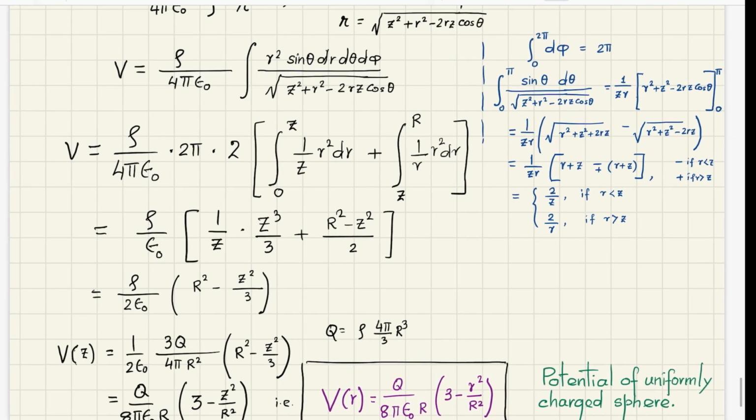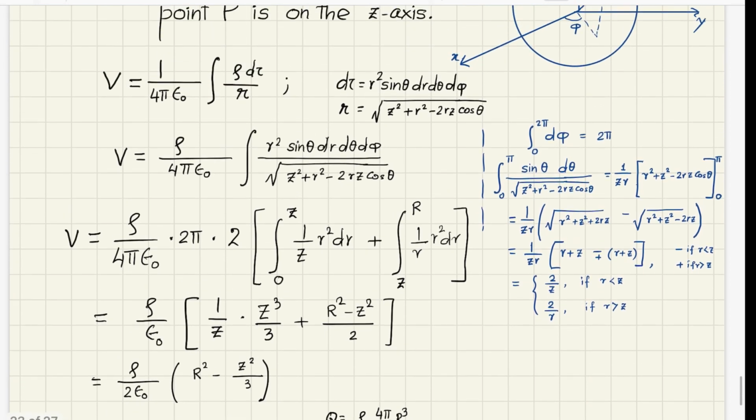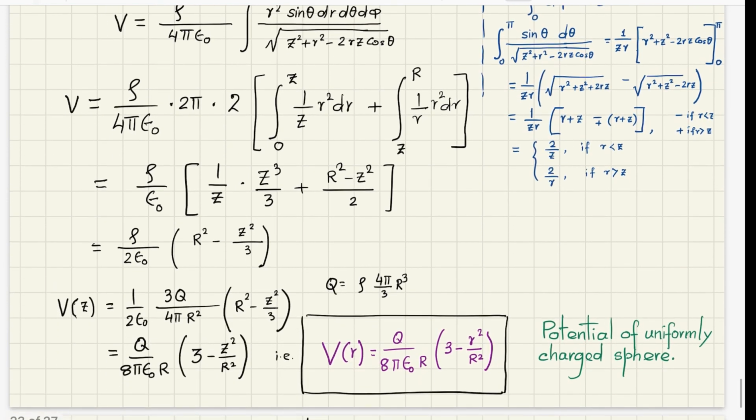This is the potential of a uniformly charged sphere with total charge q. What I was illustrating was what we have obtained from just a simple integral directly from the dq by r, and then integrating over the variables d theta d phi.